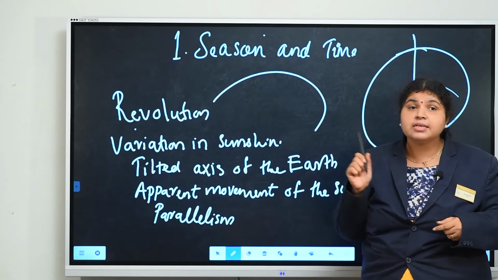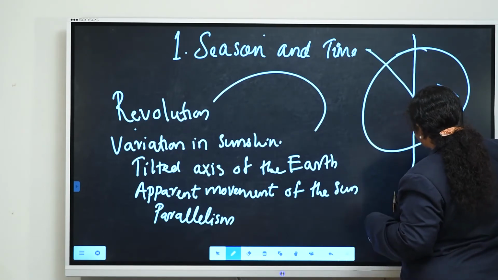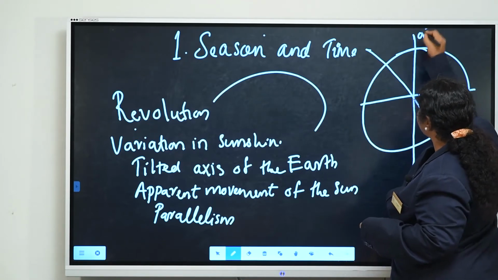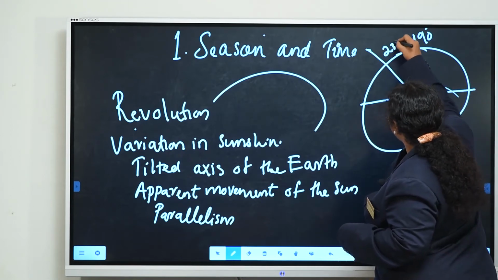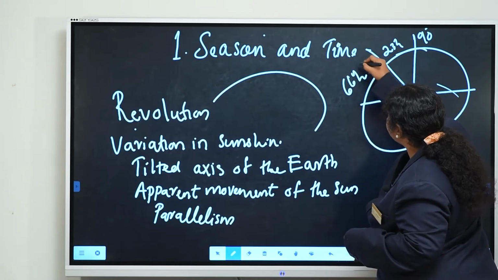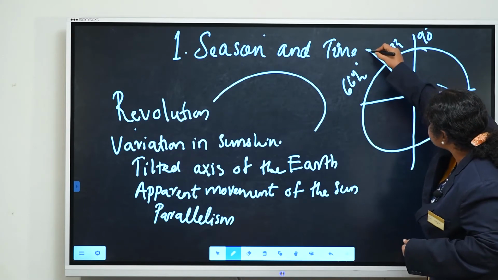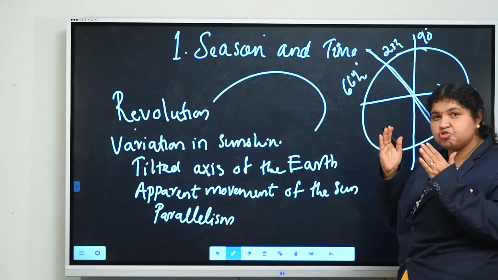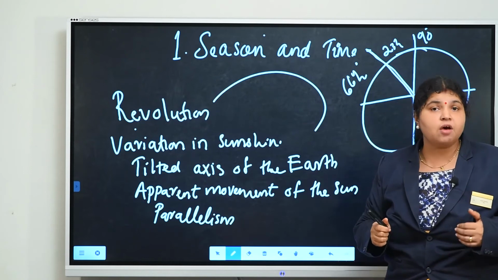But Earth's axis is not straight, it is tilted in this way. A straight axis would be 90 degrees, but Earth's axis is tilted 23 and a half degrees from the vertical plane and 66 and a half degrees from the orbital plane. So this is another cause for the occurrence of seasons.